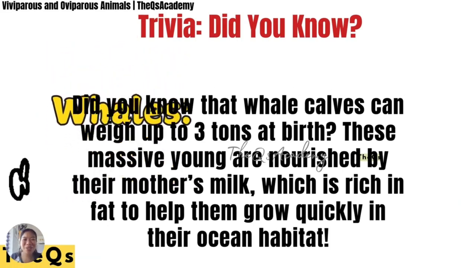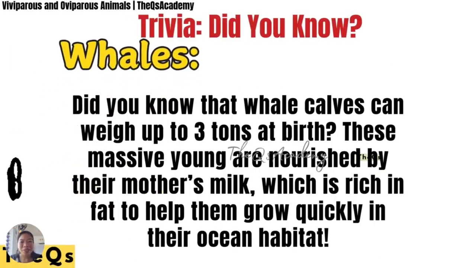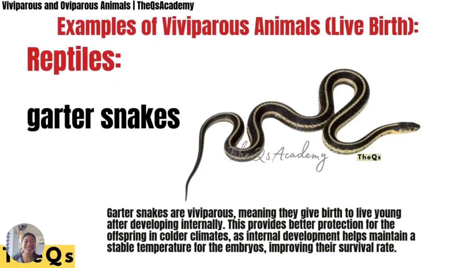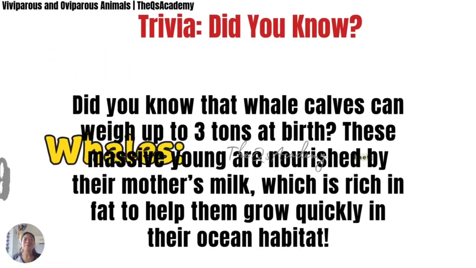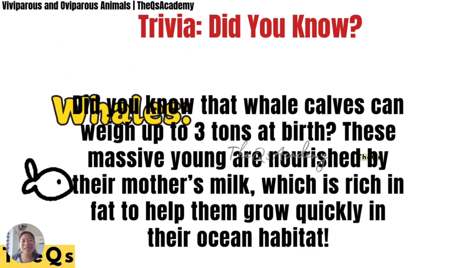We have another trivia. Did you know that whale calves can weigh up to 3 tons at birth? These massive young are nourished by their mother's milk, which is rich in fat, to help them grow quickly in their ocean habitat.